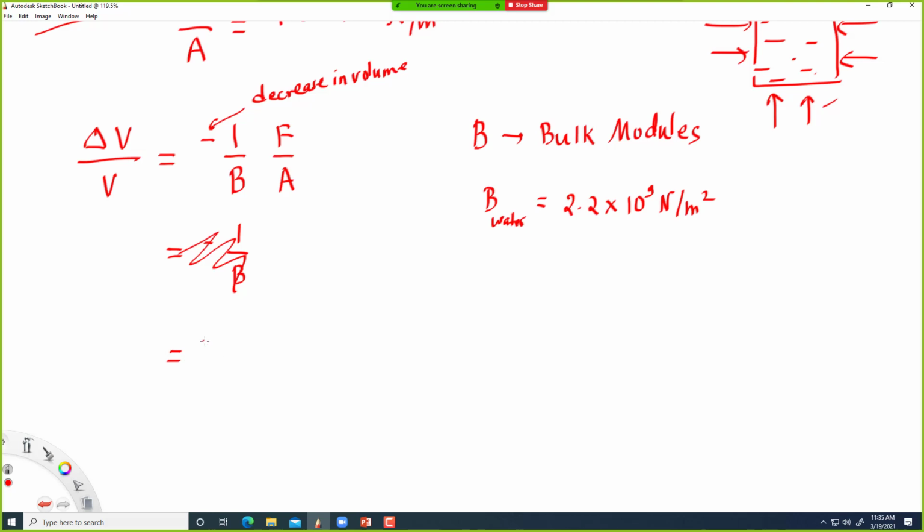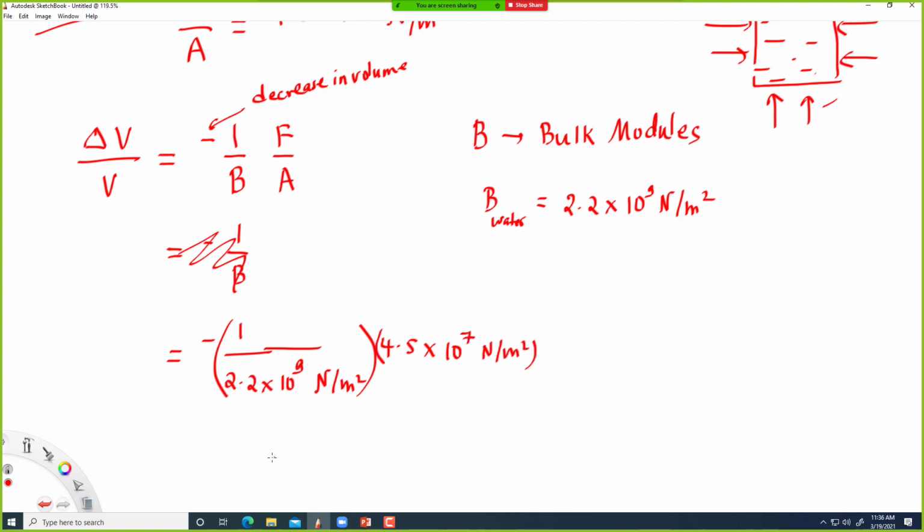So negative 1 over 2.2 times 10 to the 9 Newton per meter squared, and then F over A is given, which is 4.5. The force applied per meter squared area is 4.5 times 10 to the 7 Newton per meter squared.